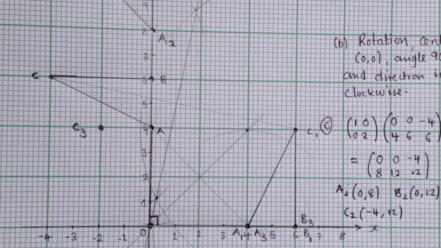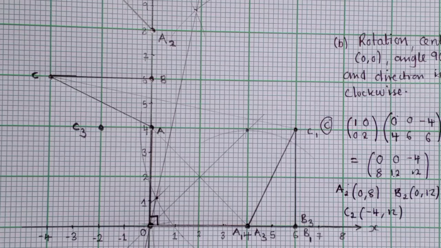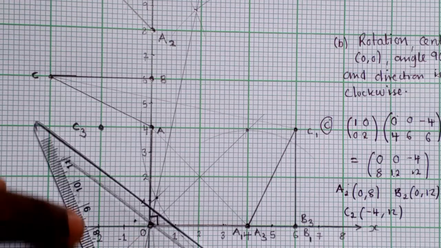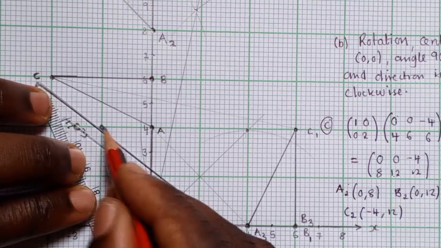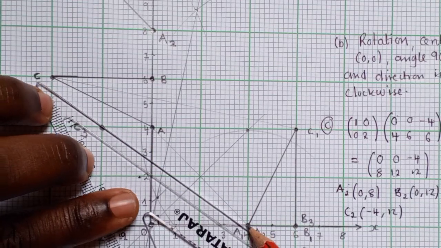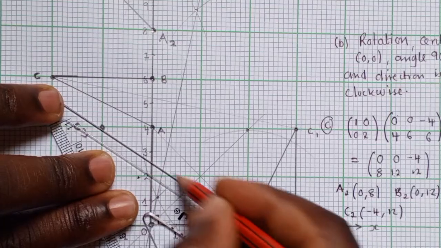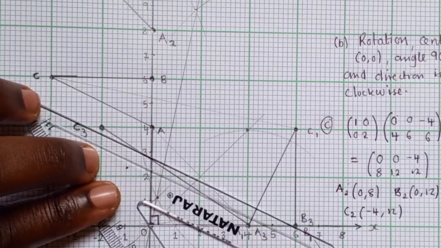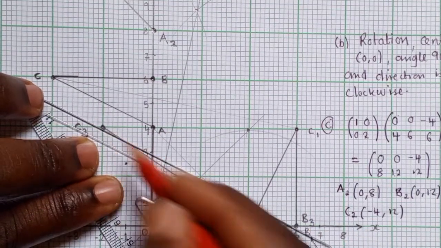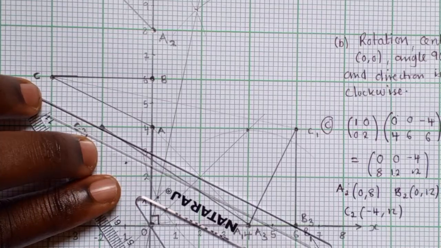So let's join, because the question says draw and label triangle A3, B3, C3. So our C3 is right here, and A3, sorry, A3 is right here. So we join like that. Even this point and this, we join them.